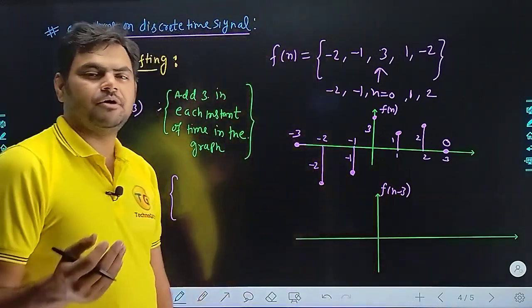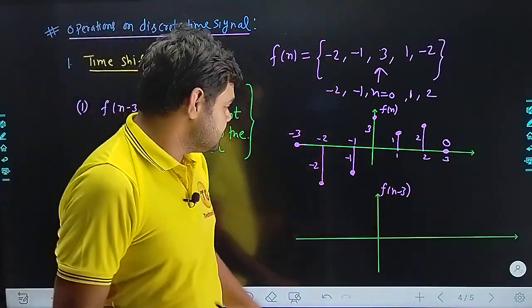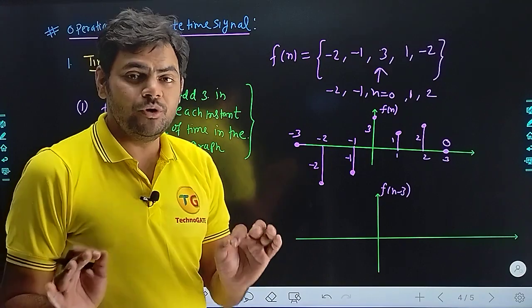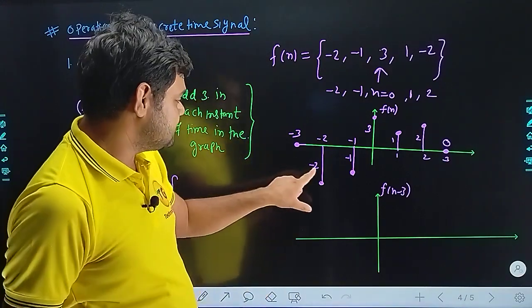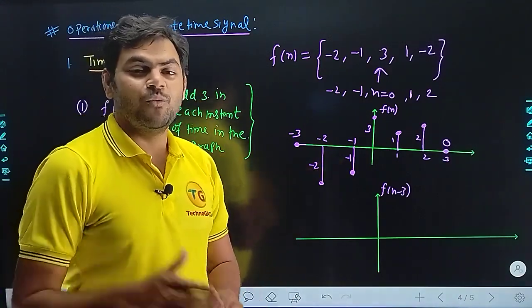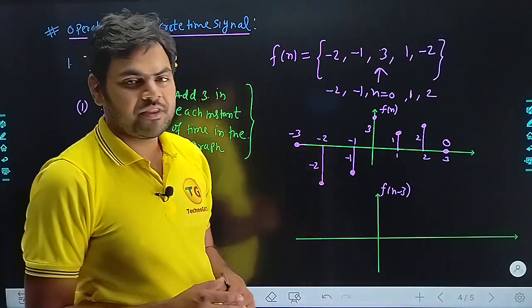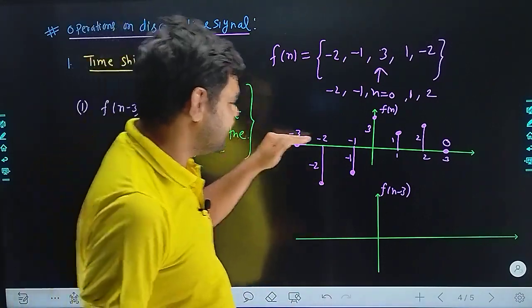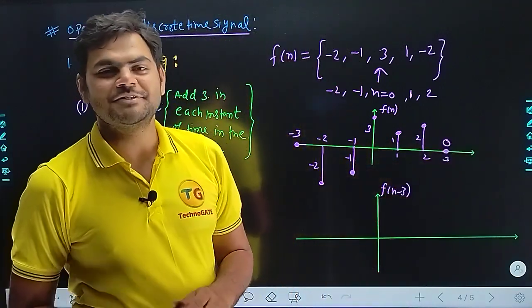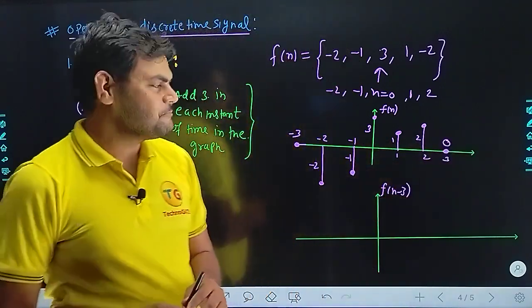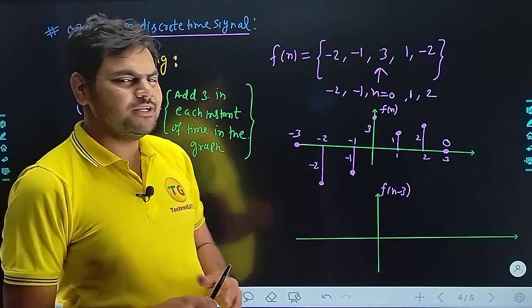The same thing we have also done in the continuous scale. So here, see this, don't add these 3 in the sample values. Don't make the mistake. We are not performing operation on the value scale. We are performing operation on the time scale. So please keep this in mind, because in discrete sense, time scale and value scale look identical.